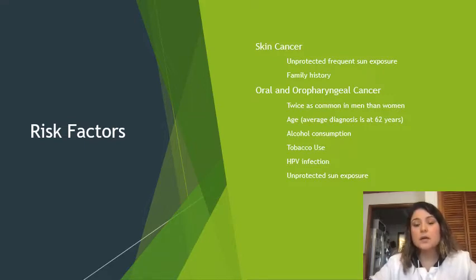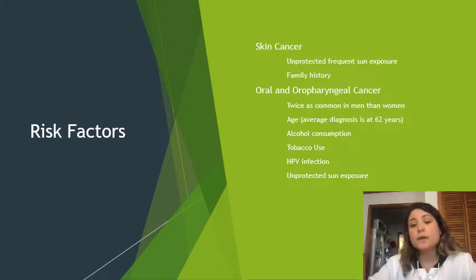A lot of these skin cancers come from a lot of exposure to the sun without protection, or if you have a family history of these. So if someone in your family, your mother, your grandmother, your grandfather has had skin cancer or oral cancer before, that's going to put you at a higher chance of getting it.